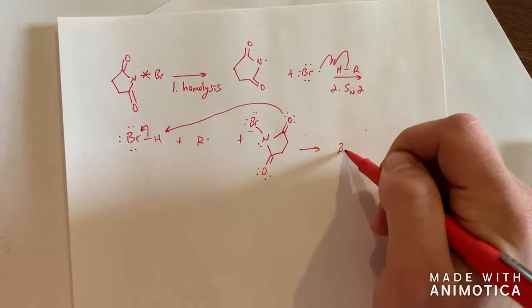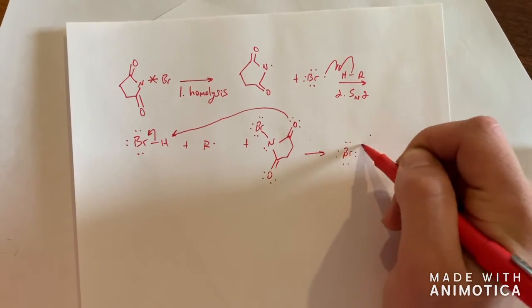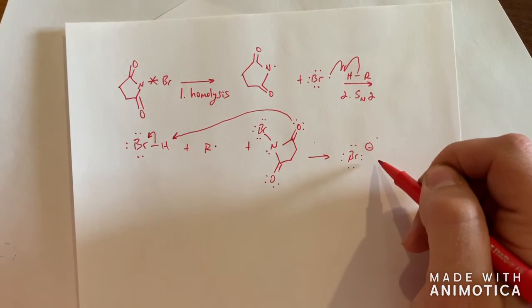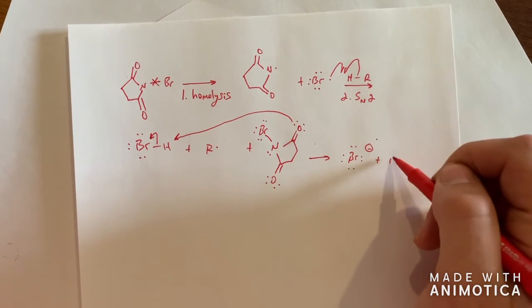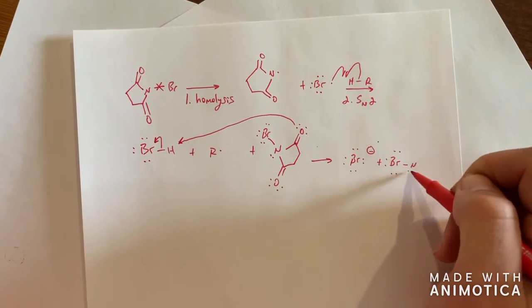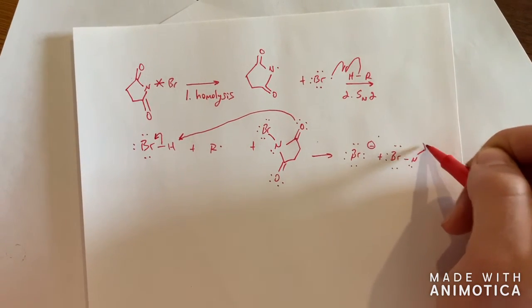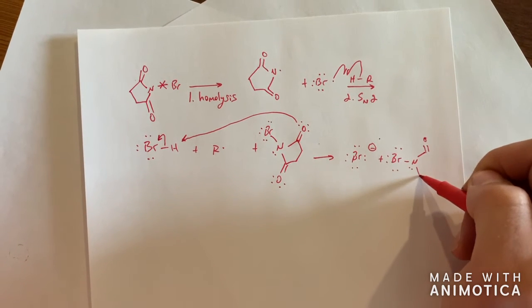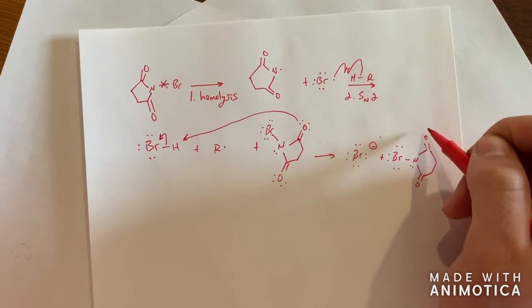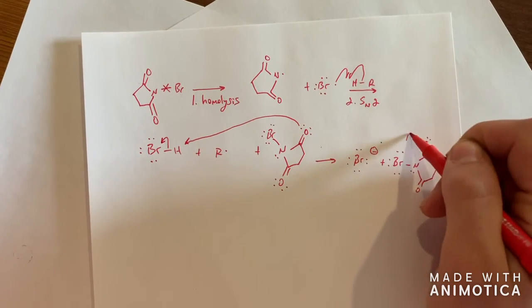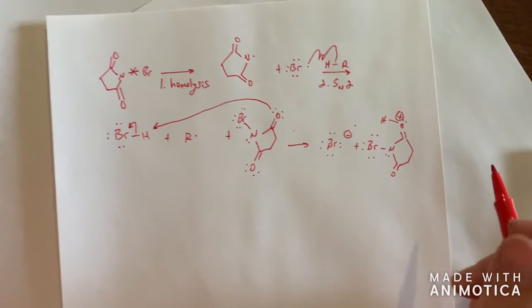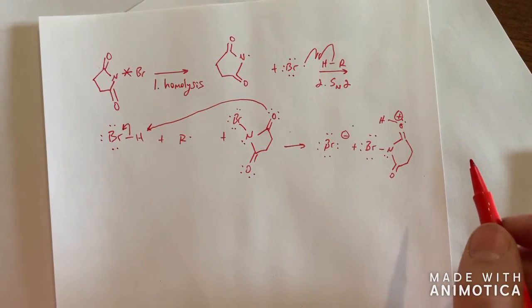So now we have bromine with a negative charge. And then we also have bromine still bonded to that NBS, and a positively charged O there.